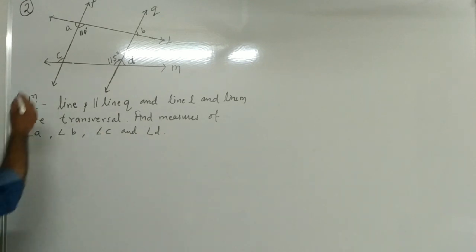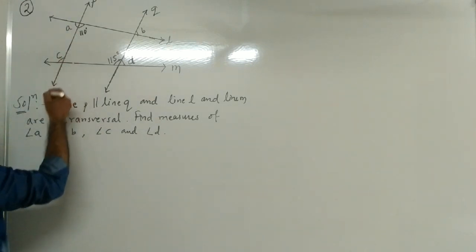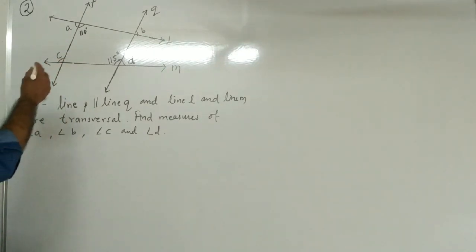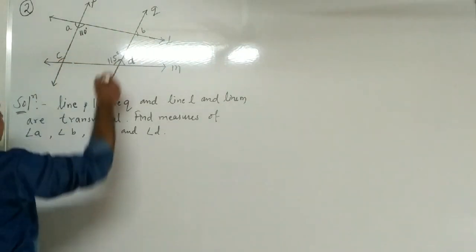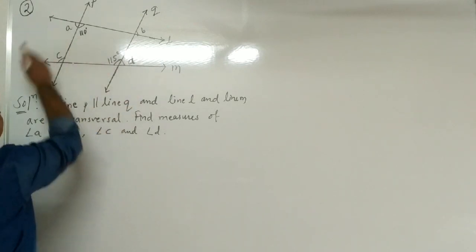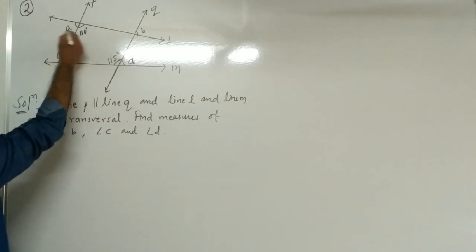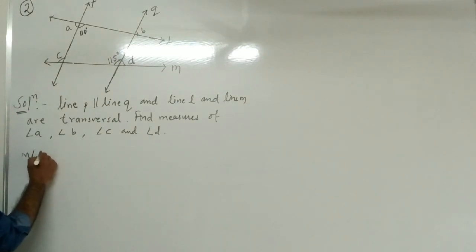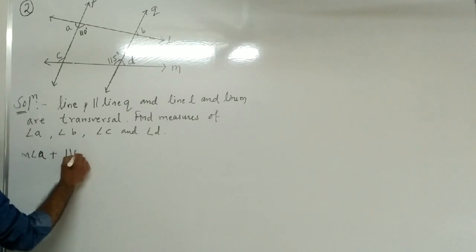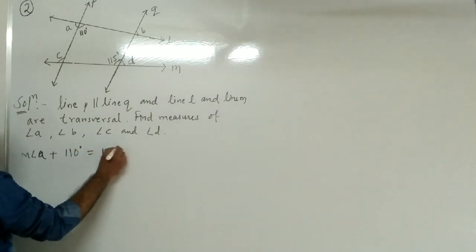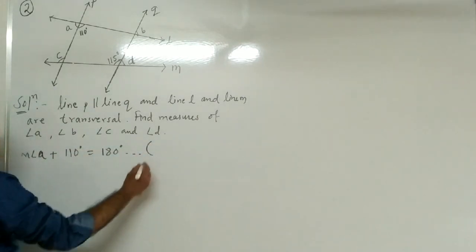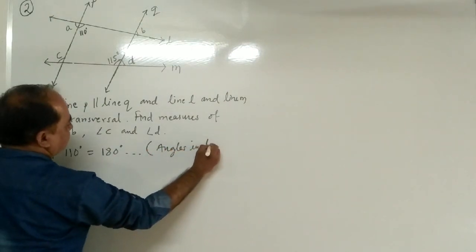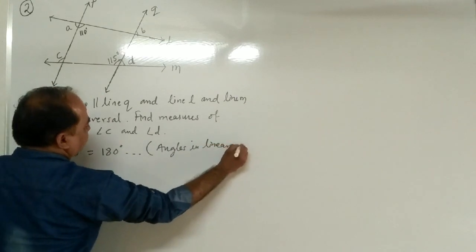So now let us consider line P parallel to line Q and line N as transversal. This is the straight line. So measure angle A plus 110 degrees is equal to 180 degrees. Angles in linear pair.